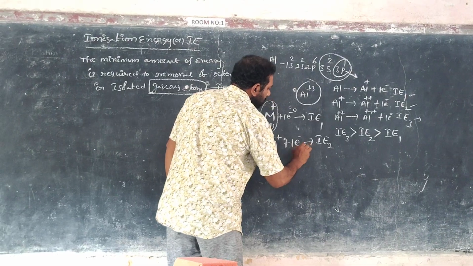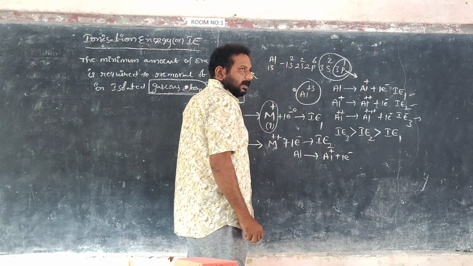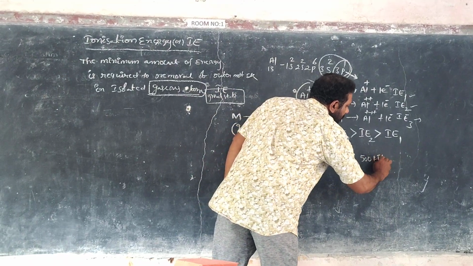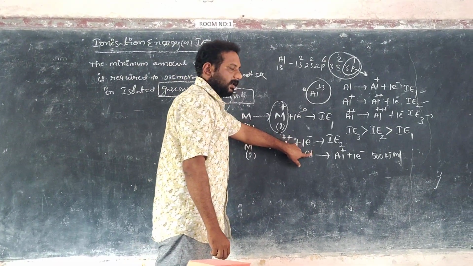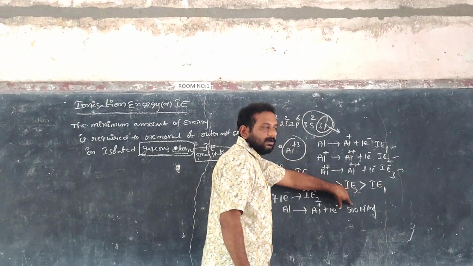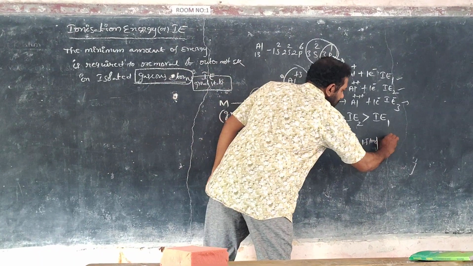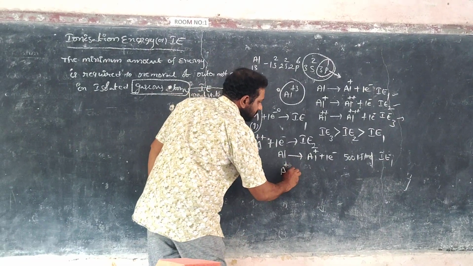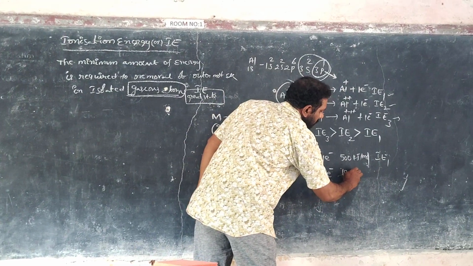For example, when Al gives rise to Al plus, one electron is removed and 500 kilojoule per mole of energy is required.